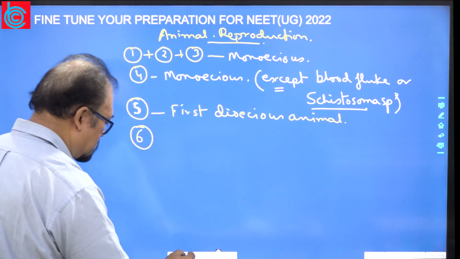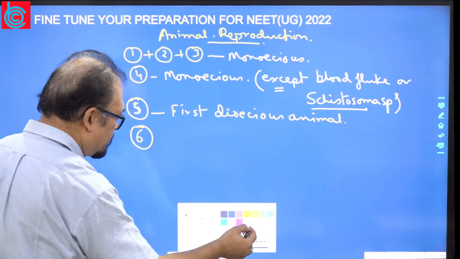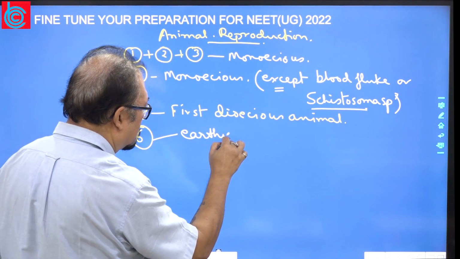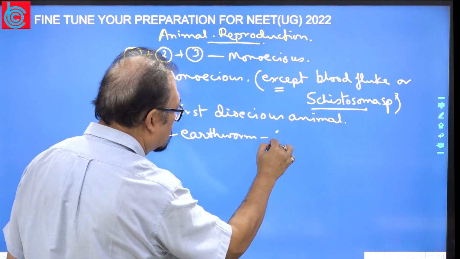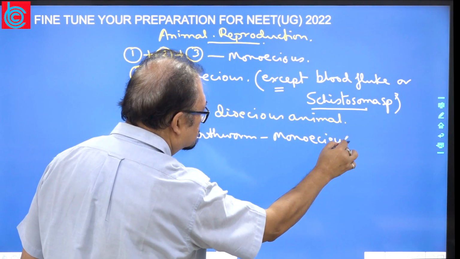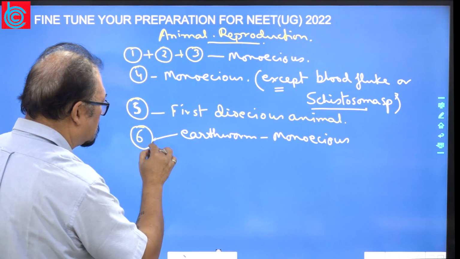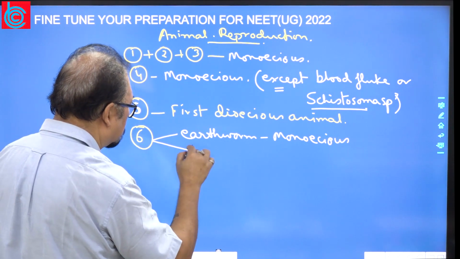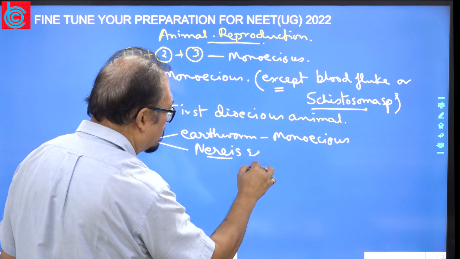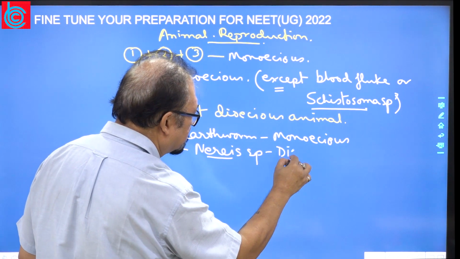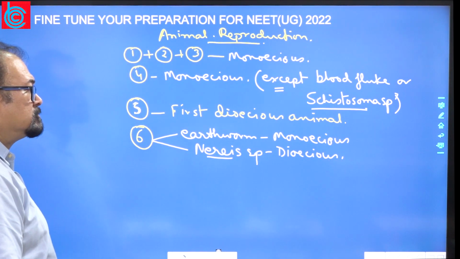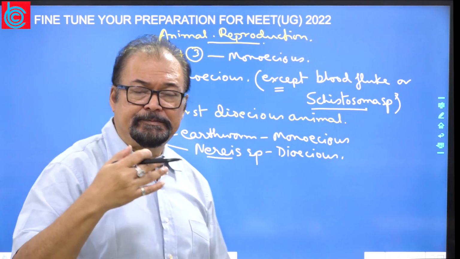Annelida, earthworm, monoecious. Nereis, lugworm, is dioecious. Earthworm is present in the syllabus. You studied it.